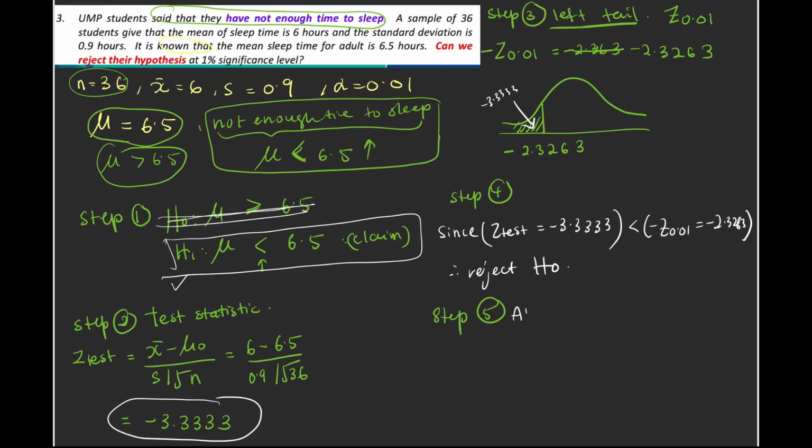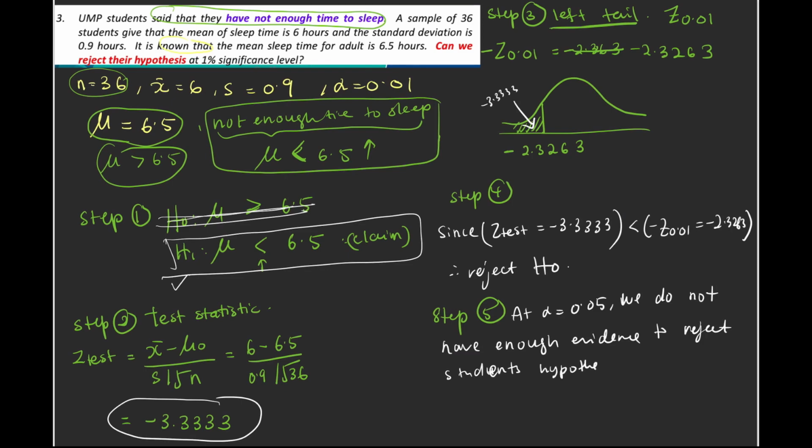So we write down here, at alpha 0.05, we do not have enough evidence to reject students' hypothesis that they do not have enough time to sleep.